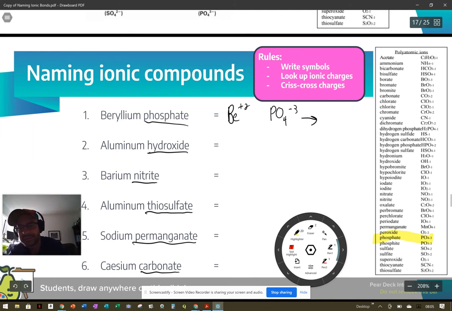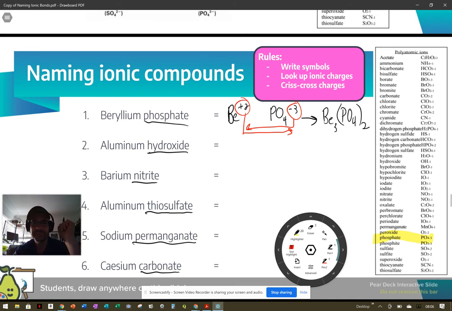We're going to crisscross those charges and not break anything up. Don't break the phosphate up. And we're going to write Be3 PO4, and then we need to put parentheses around it to show that we have 2 of those phosphate groups.